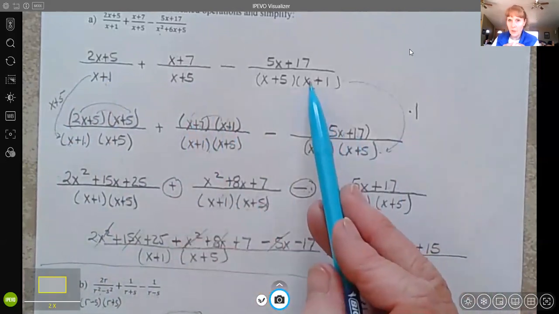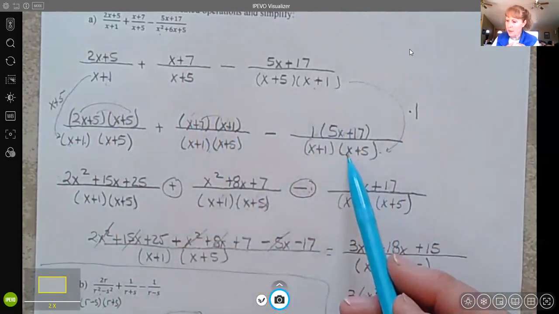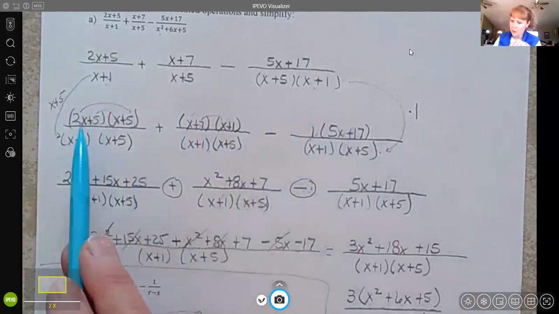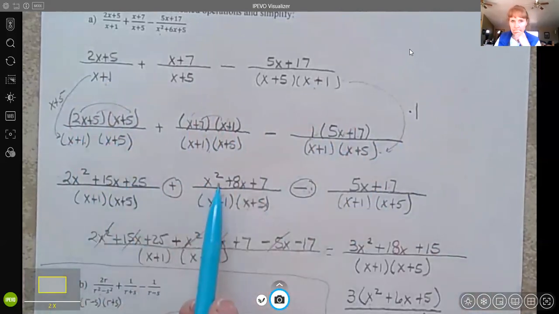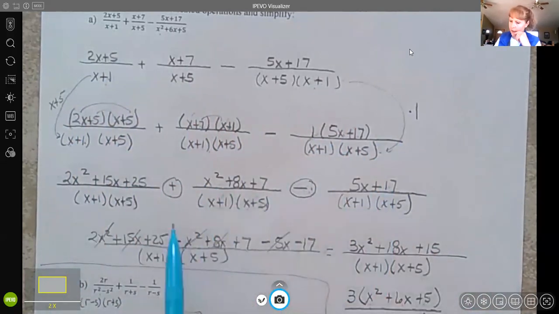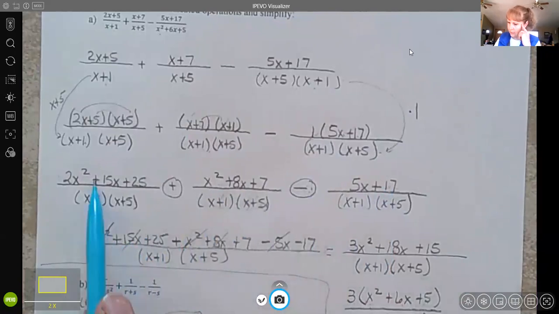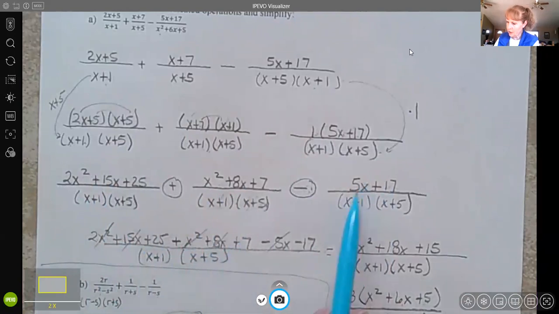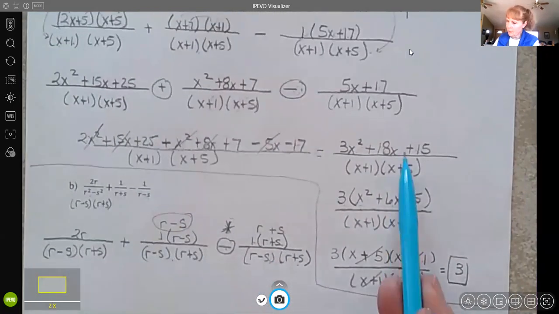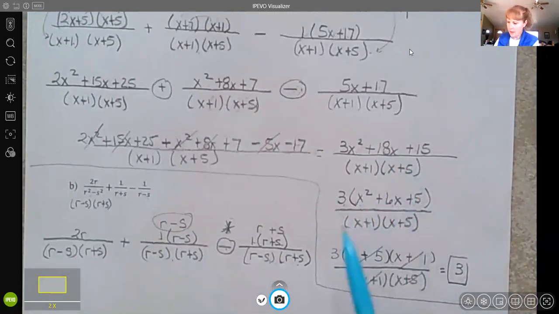To go from this one to this one, you multiply by 1. And then you use the FOIL method. Then you bring down all of your numerators, again changing your signs, combine similar terms, see if you can factor it, which you can, and reduce, and you come up with the number 3 after all that work.